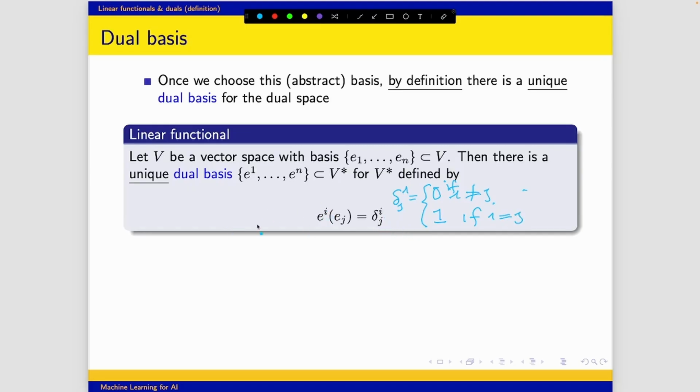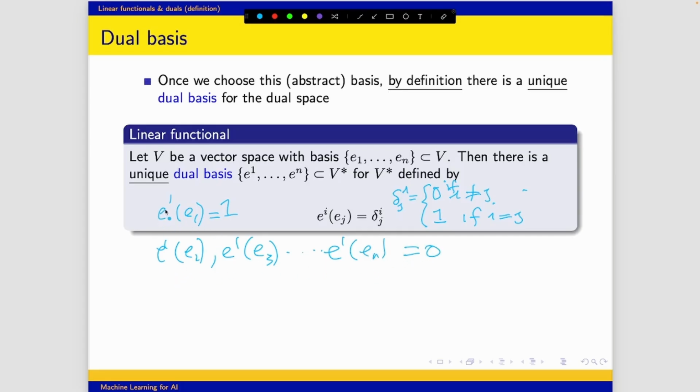So what this is saying is that e^1 acting on e_1 is 1, but e^1 acting on e_2, e_3, and so on and so forth up to e_n are all 0.